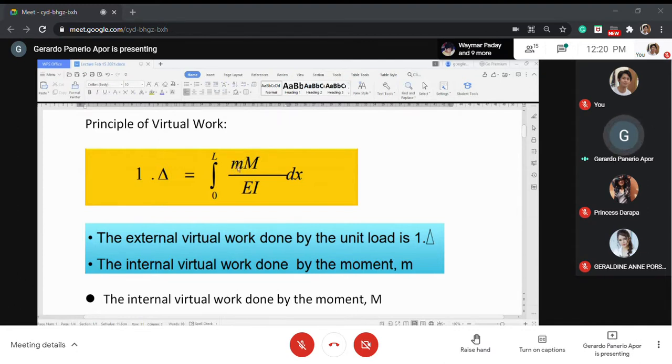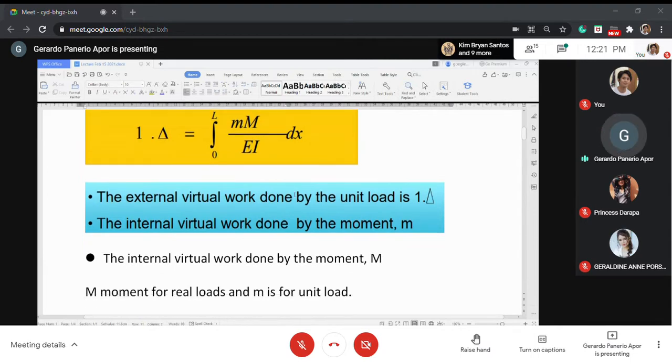Only that the load for small letter m is the unit load at the point where you determine the deflection, whereas the expression of the big letter M is the moment due to the real loads. So we have here virtual and real. That's why this is called virtual work.